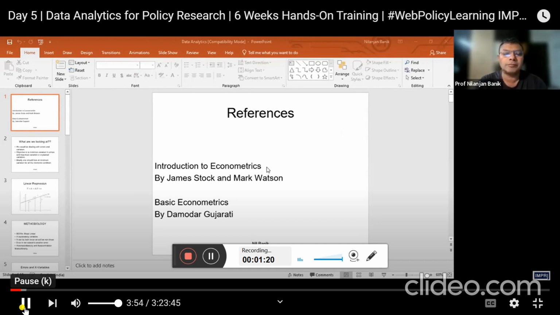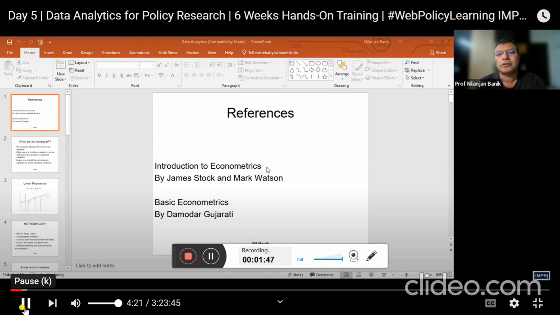When we were students, I found two books very useful as reference material. Although I have said Basic Econometrics by Damodar Gujarati, there is another book, Introduction to Econometrics, by James Stock and Mark Watson.